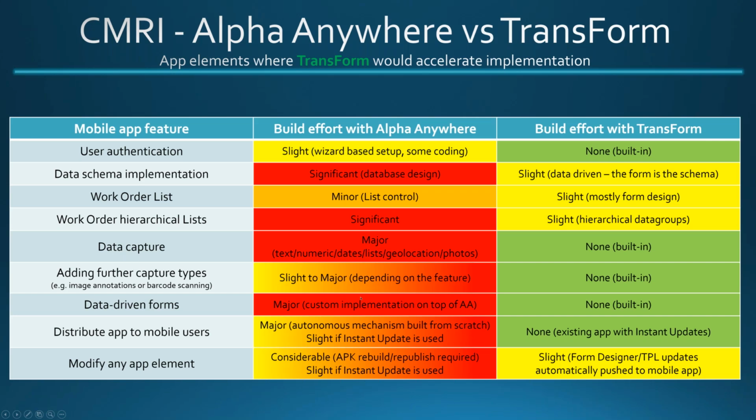As I said, the single most complex element that we had to build is already built in. So for this set of features, the Transform implementation is very fast, significantly faster, and that's why we said it's realistic to say that you can actually deliver a working production level app in a matter of hours to the field.